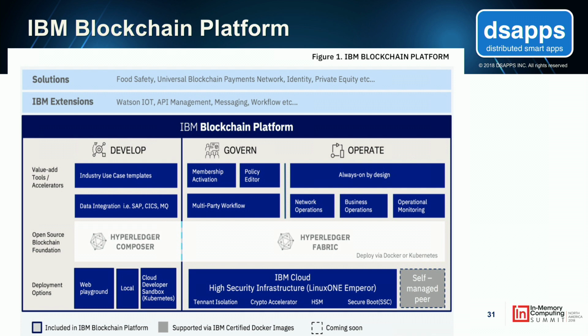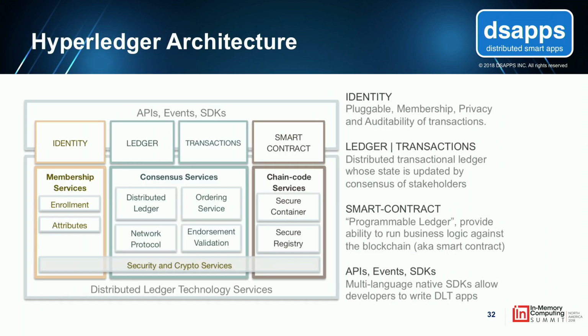So this is where you actually launch the Hyperledger. The benefit is you get all these services. So it includes a lot of security and crypto services. And this is where you're actually storing the data, the ledger.